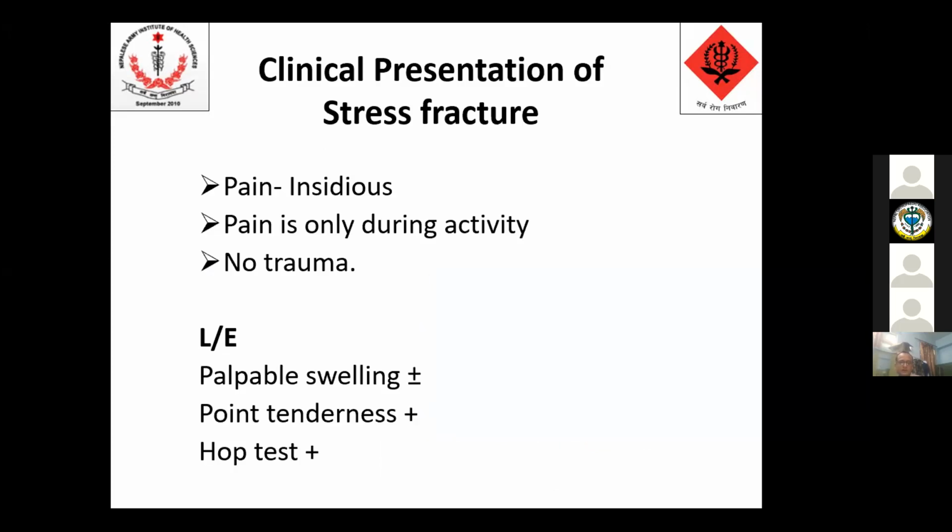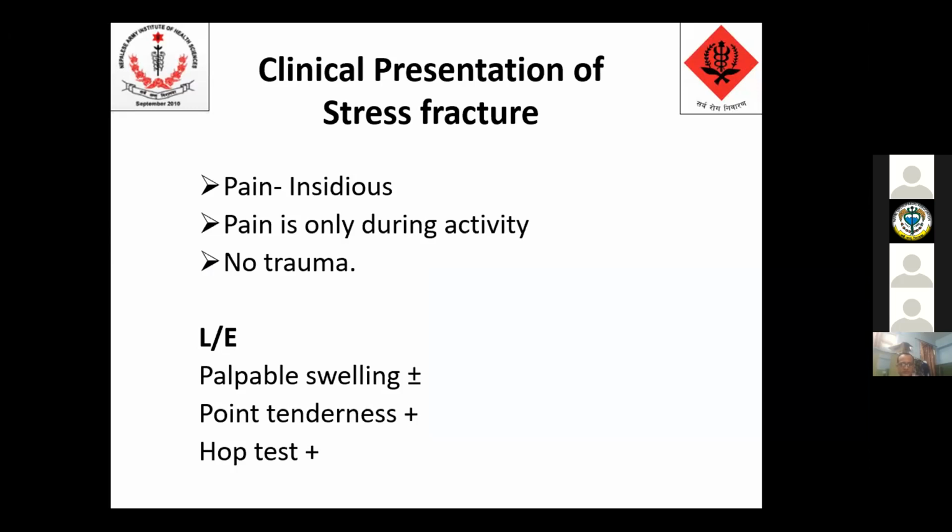To diagnose a stress fracture, we have some clinical presentations and imaging. Usually we have to ask whether the patient is under training or not. Pain is insidious in onset. Initially the pain is only after the activity, followed by pain only during the activity, and at last rest pain, with no trauma or significant injury history.